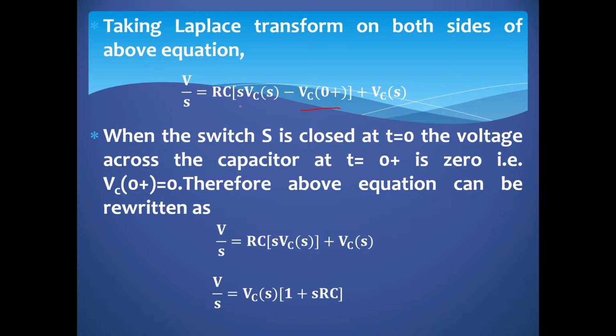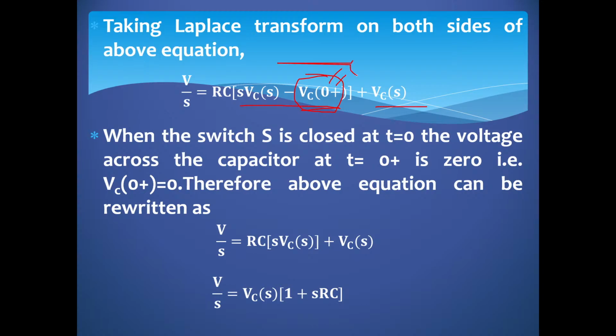Okay, so this is it. Laplace of d by dt of Vc of t gives s into Vc of s minus Vc of 0 plus. Now, what did I say? As soon as the switch is closed at t equal to 0, the capacitor acts as a short circuit.